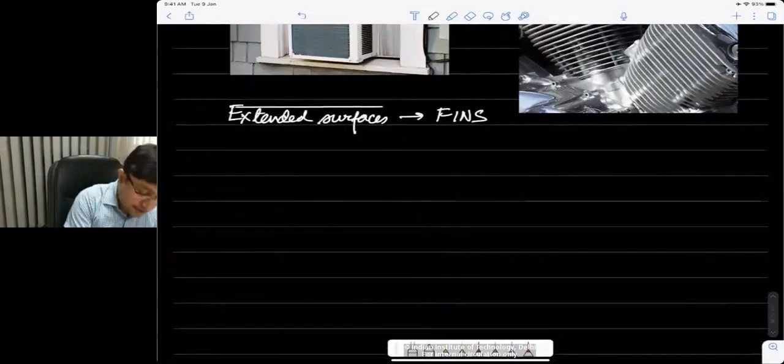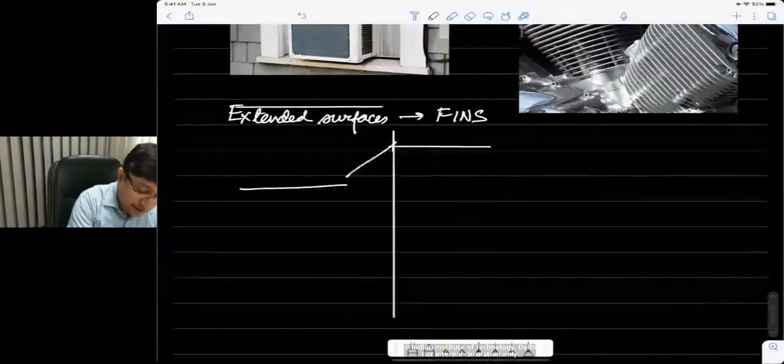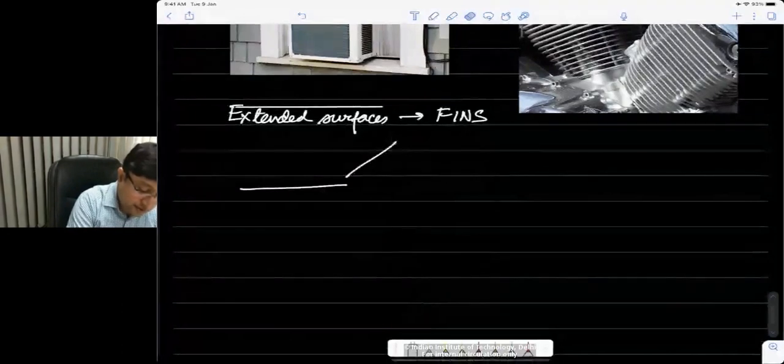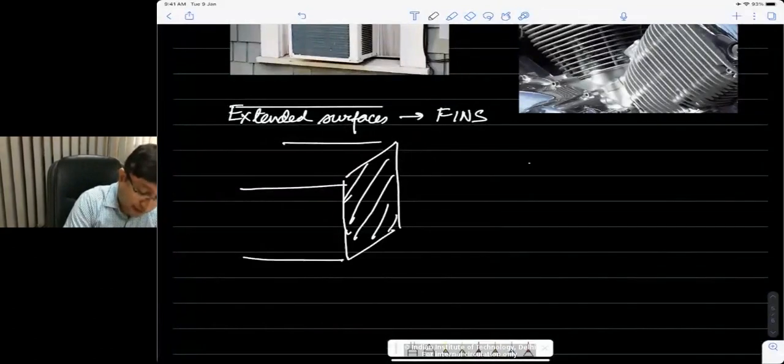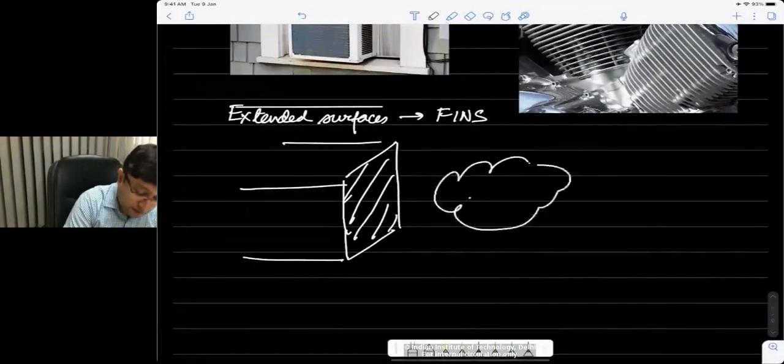So let's take a very simple, theoretical case. Let's say you had a surface which is trying to exchange heat with some surrounding. So let's say this is a surface which has some area A, and there is a surrounding fluid which has some given conditions.